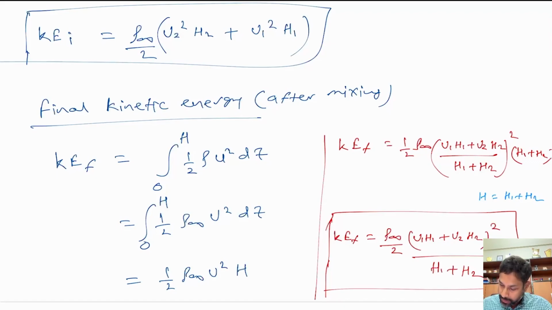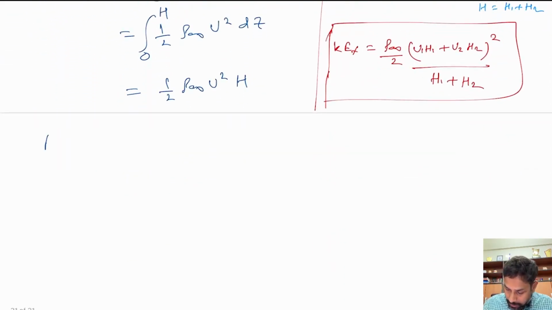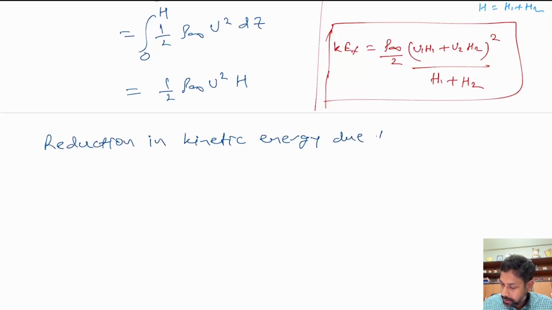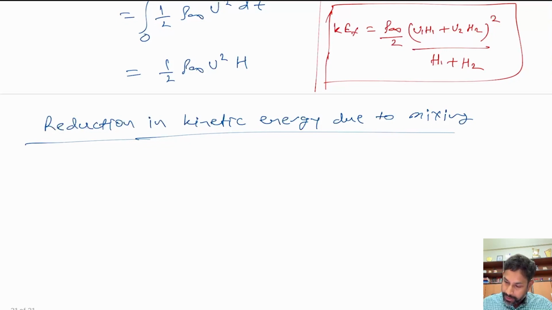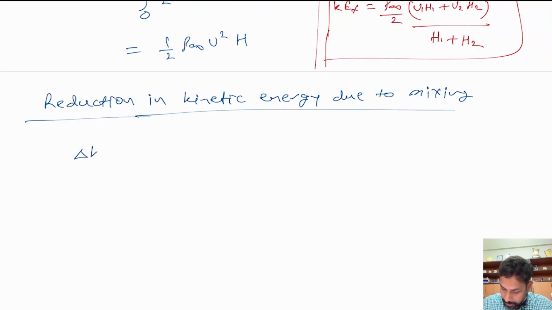All right, so we have got both KEI and KEF. So based on this, now we can find the reduction in kinetic energy due to mixing. Okay, so if mixing happens, velocity decreases, right? And that converts into potential energy. So we will call it delta KE, that is KEI minus KEF, right?